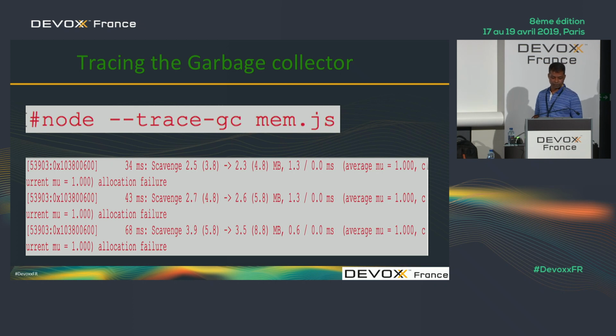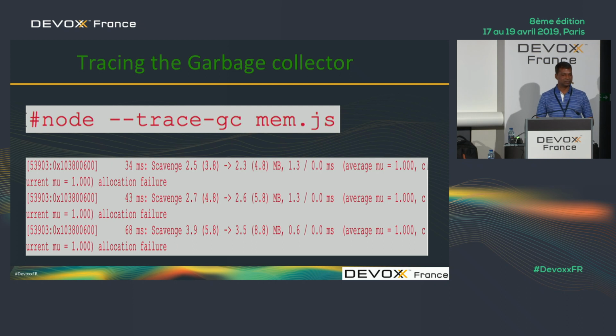So in this example, the output of the --trace-gc shows the scavenge collection example. The hexadecimal number indicates a unique execution context in the virtual machine instance, and the millisecond shows the cumulative time since the Node.js application was born, and then the type of the GC, which is scavenge.